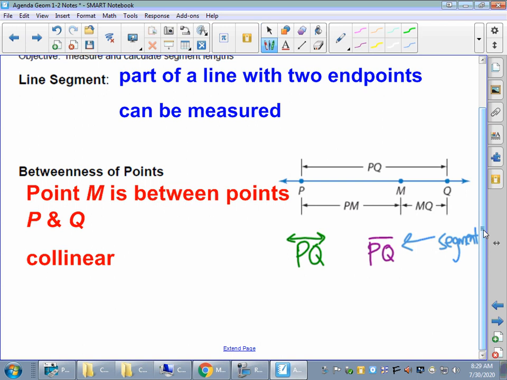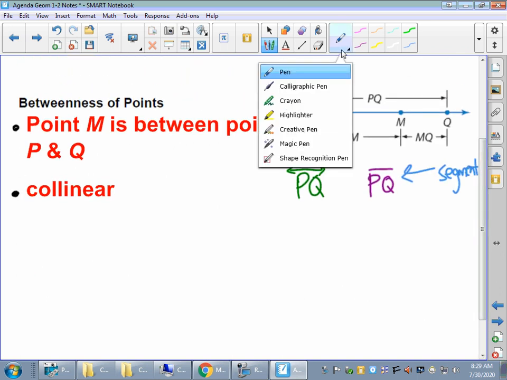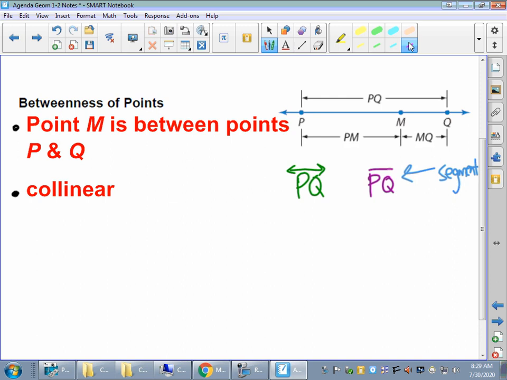So three things we're going to say. First of all, point M, or any point, is going to be between two other points. They have to be collinear. And if those two things are true, then we can say that the whole segment PQ, if we look at its parts, from here to here, and from here to here, make up all of segment PQ.